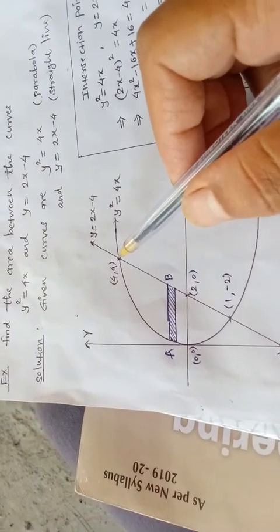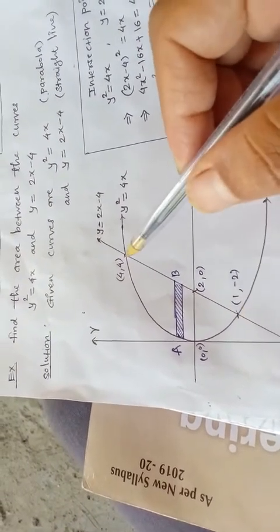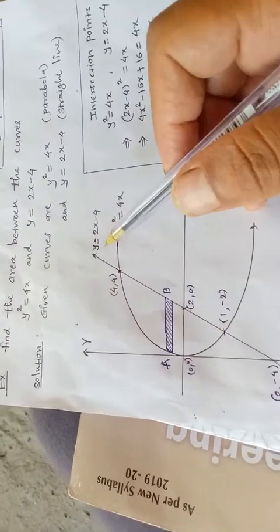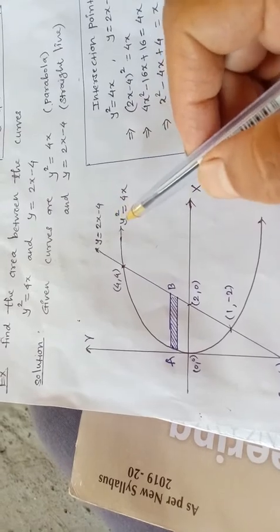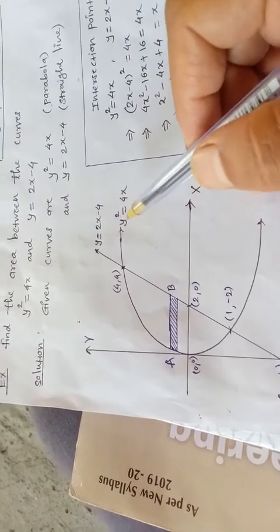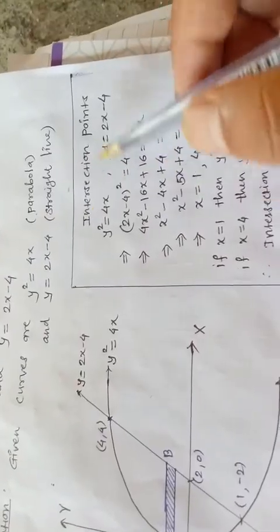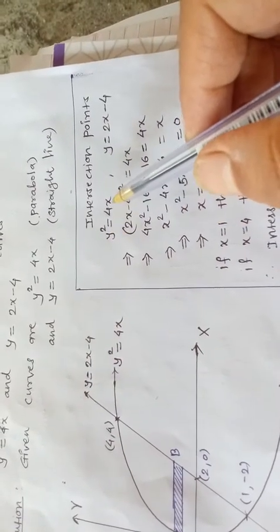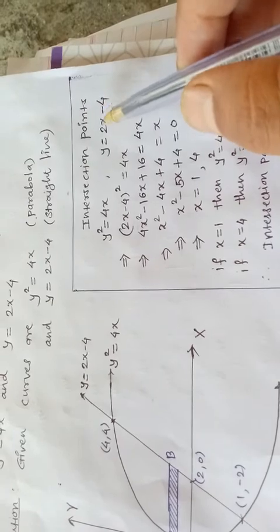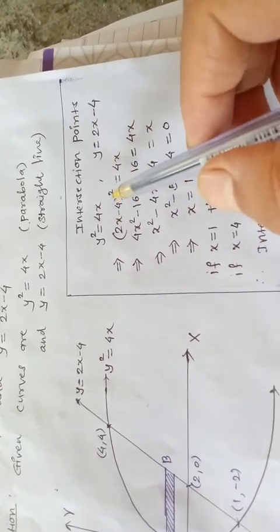And to find these two intersection points, we have to solve these two equations, y equals 2x minus 4 and y square equals 4x, simultaneously. So I am considering y square equals 4x and y equals 2x minus 4, the two equations.